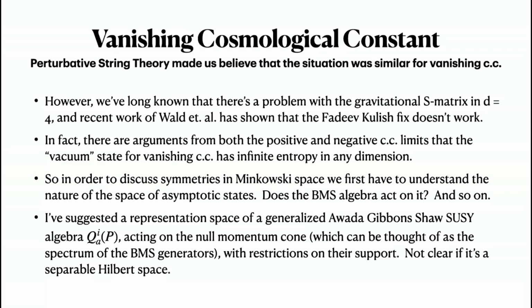Think about that region in just about any state you can think of in the conformal field theory: the vacuum, or some state where I've acted on the vacuum with some operators or whatever.